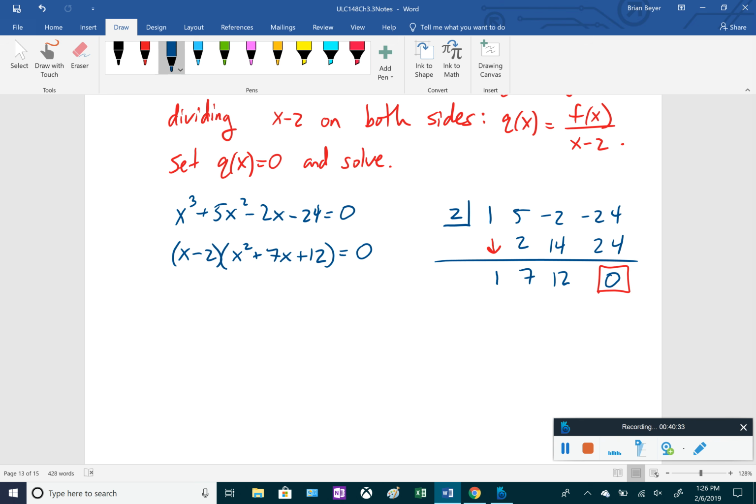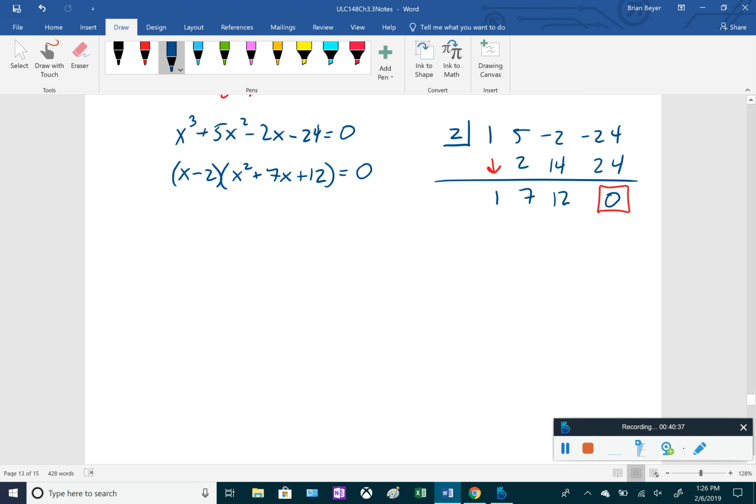So all we really need to worry about is that quotient set equal to 0. So now we're just solving this new factored version. So what I'm going to do is I'm going to factor that quadratic, x squared plus 7x plus 12. And I'm only doing this because it can be factored. Usually it won't always be able to. It can factor to x plus 4 times x plus 3.